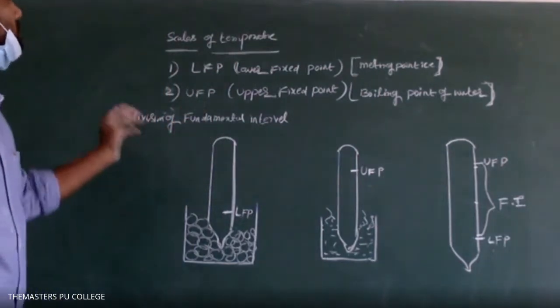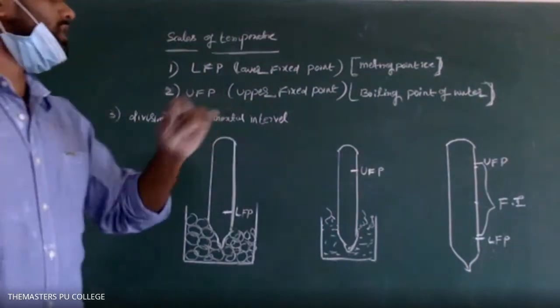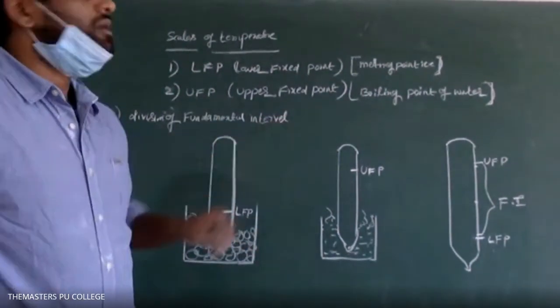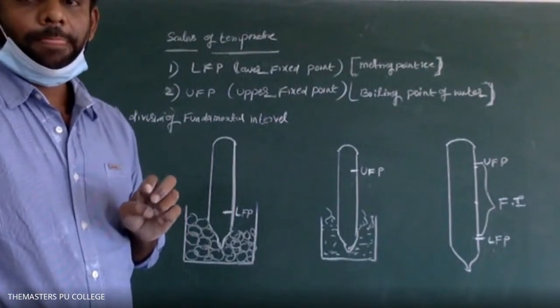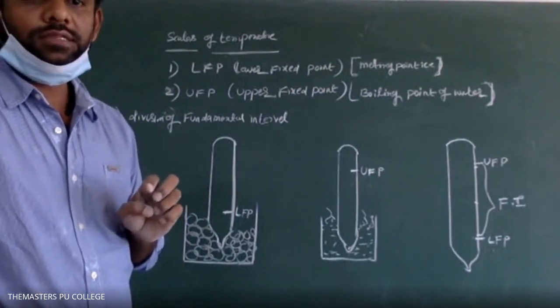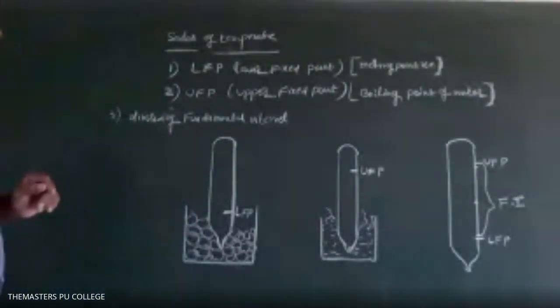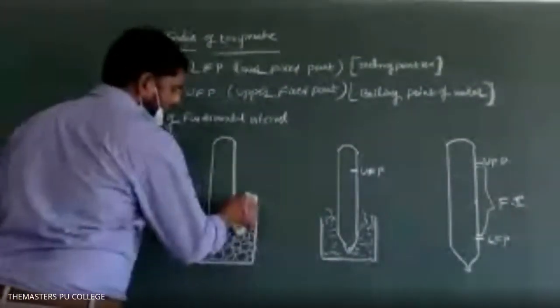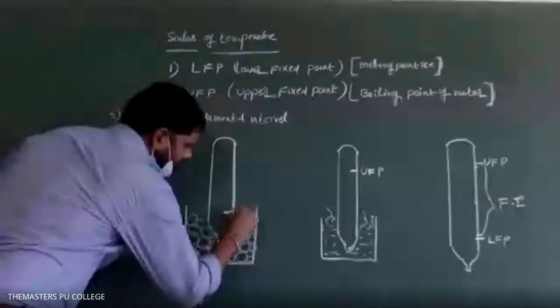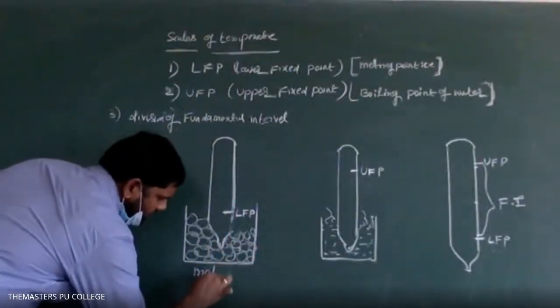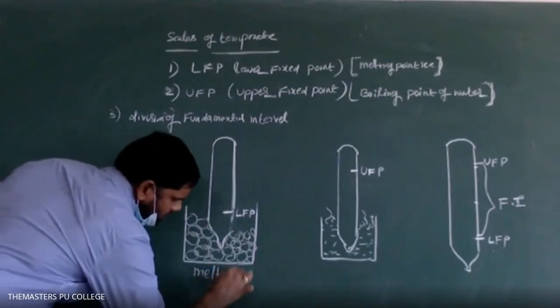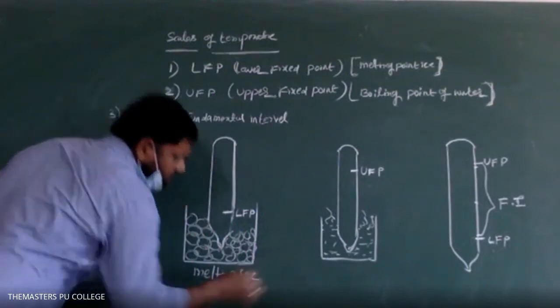Then we can go for the different scales of temperature. Let us see. Clear, guys? Clear, sir. Okay. So please make a note of this. This is nothing but LFP, melting ice.